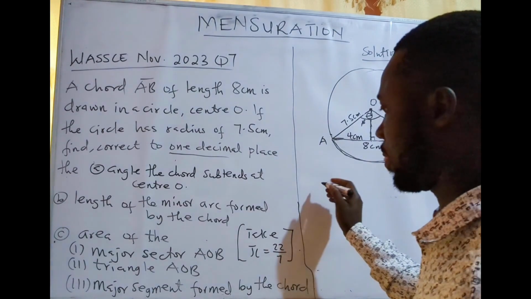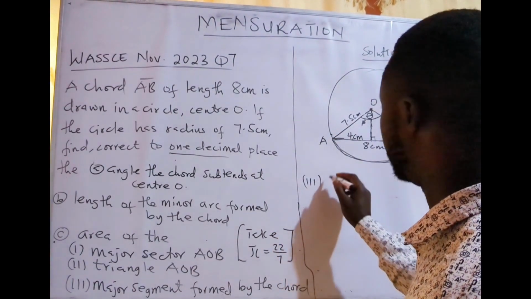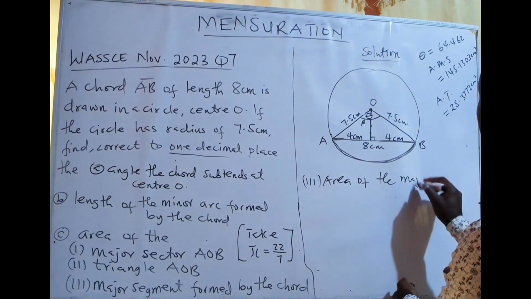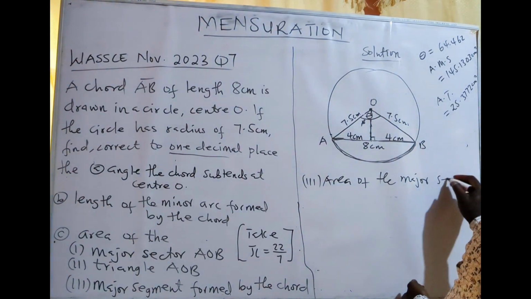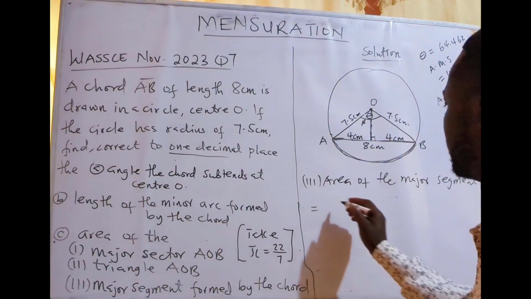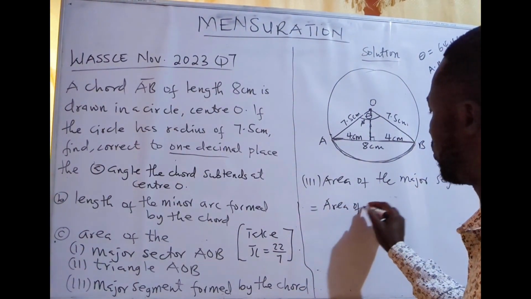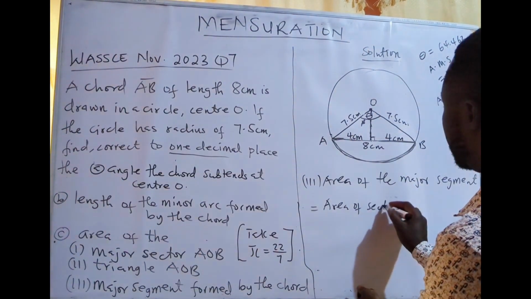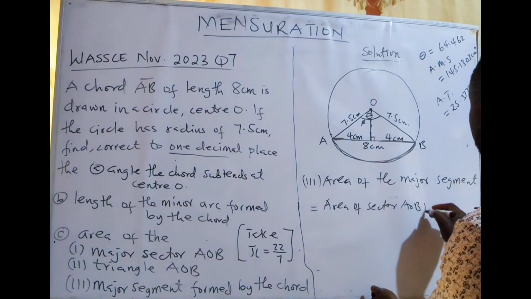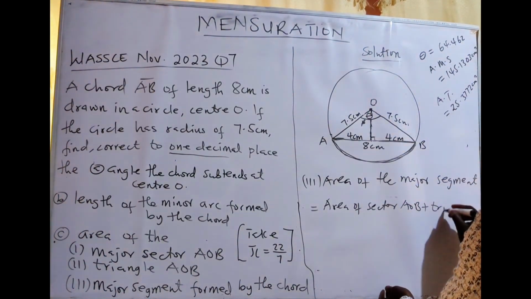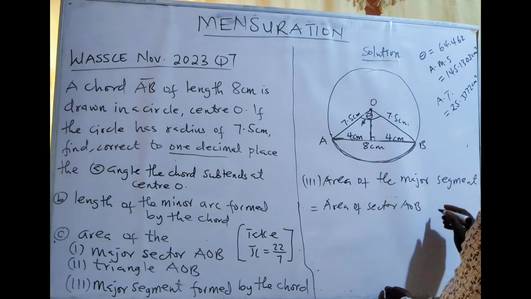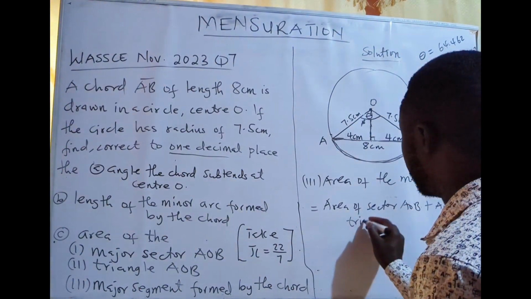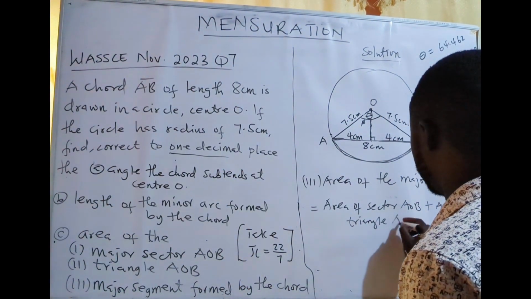So the area of the major segment is the area of sector AOB plus the area of triangle AOB.